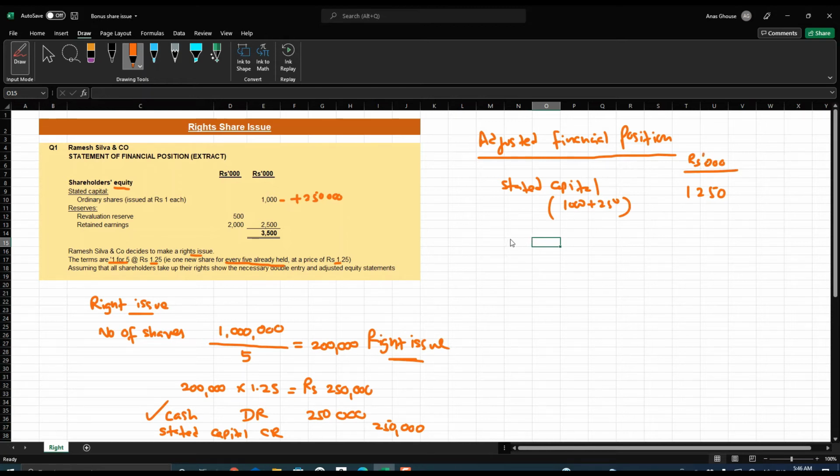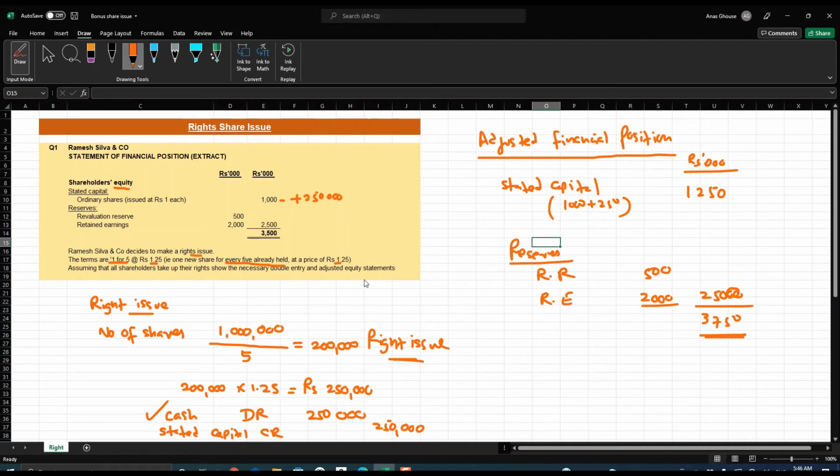Then we have reserves. Under reserves you have revaluation reserve, how much? 500 million. Then retained earnings will be 2 million. The total will be 2,500,000. The total shareholders' equity will be 3,750,000. So this is how you record the rights issue.